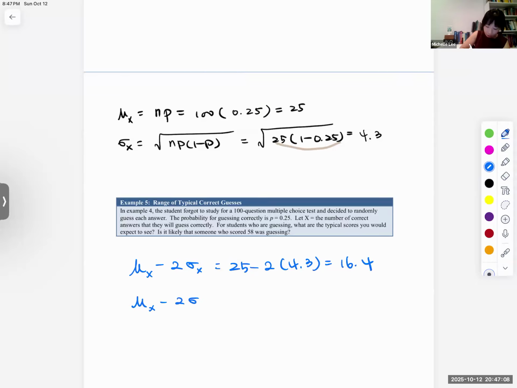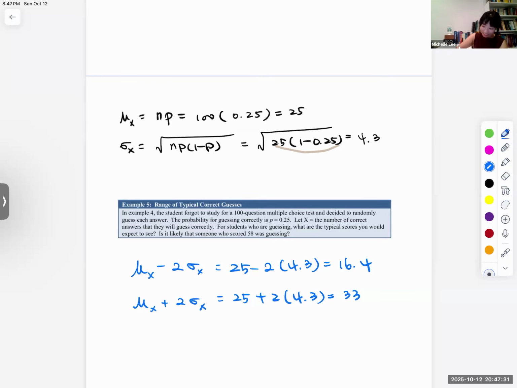How about addition? 25 plus 2 times 4.3. That's 33.6, yeah?